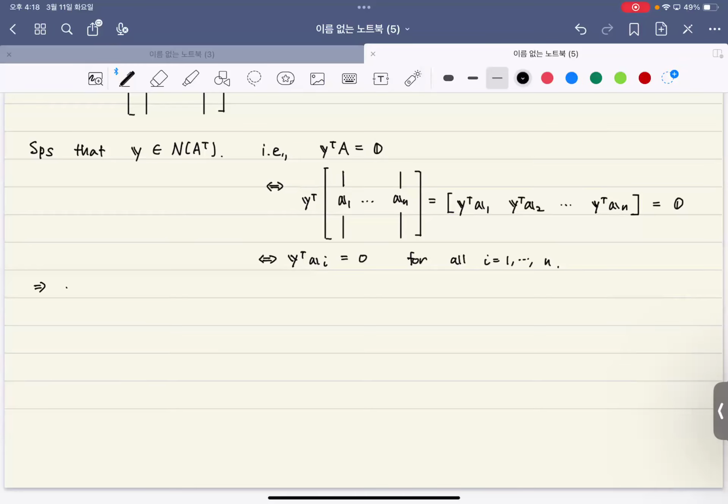So y is orthogonal to all vectors in C(A).